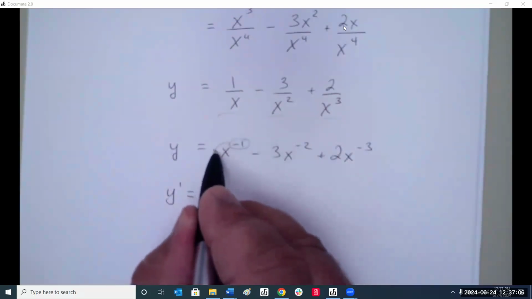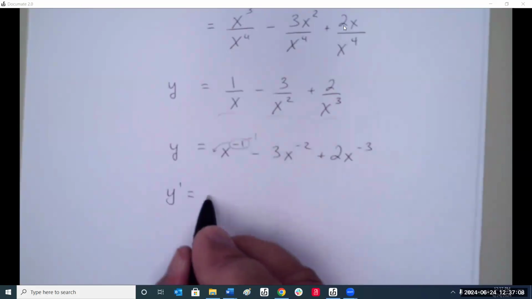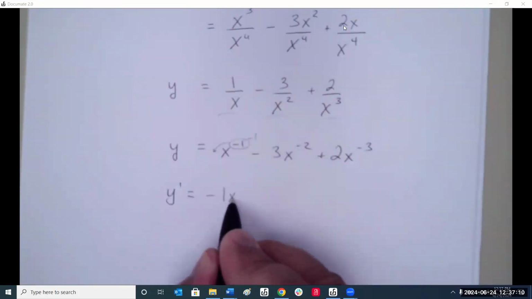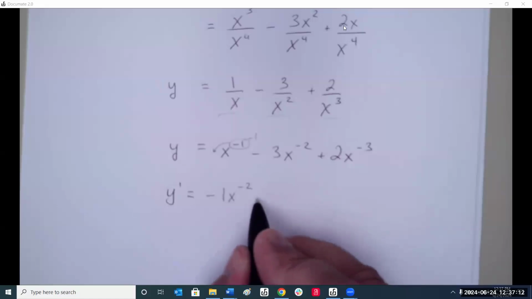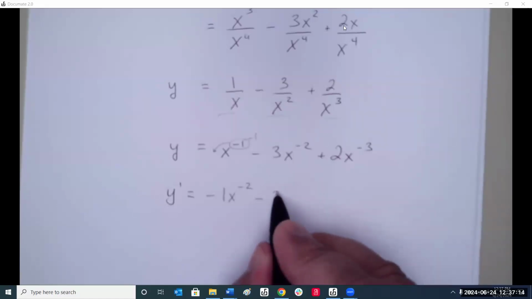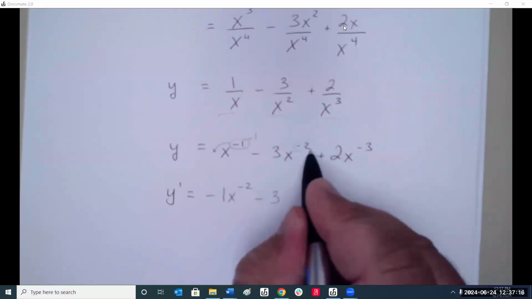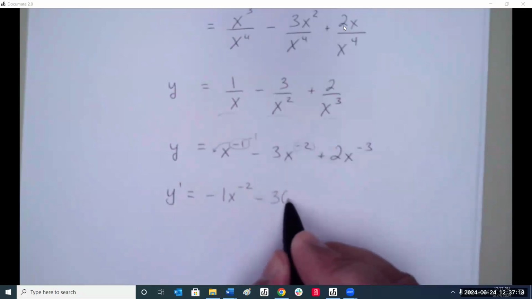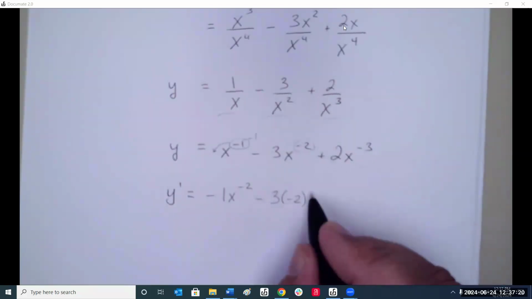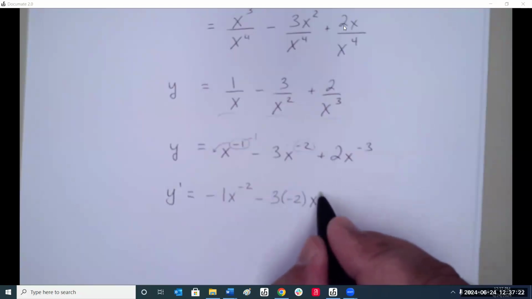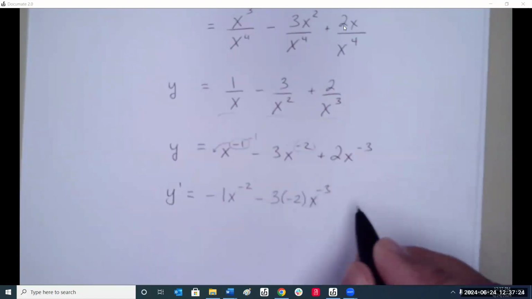So bring the exponent down, subtract 1, I get negative 1 x to the power negative 2. For the next one, bring the power down and subtract 1, I get negative 3.